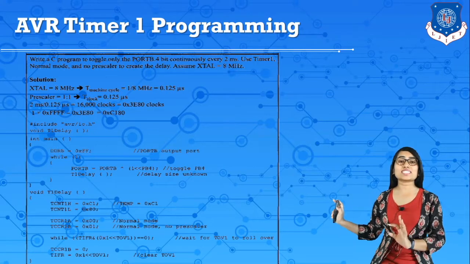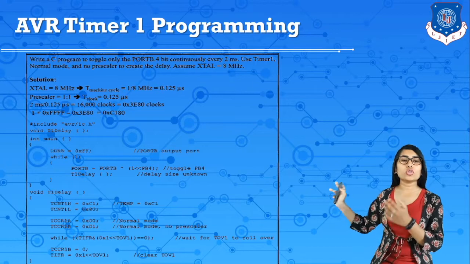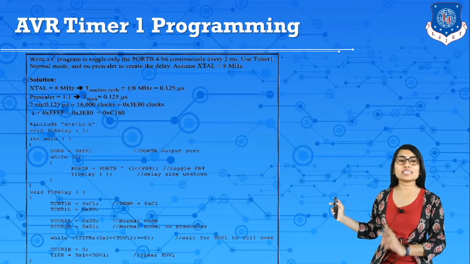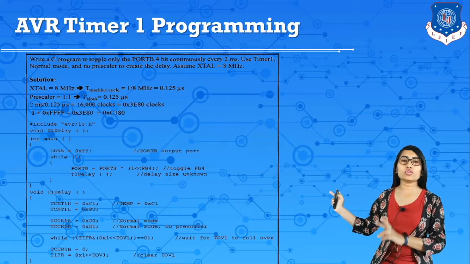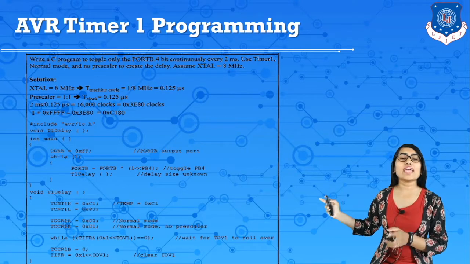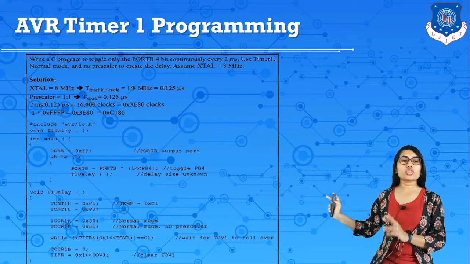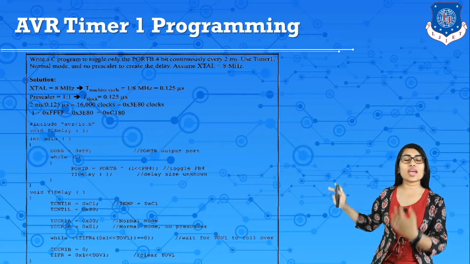Here we have 16-bit, so 2 raised to 16 minus this clock count. So here we have a value in hexadecimal that is 0xC180. So 80 is loaded into TCNT1L and C1 is loaded into TCNT1H.